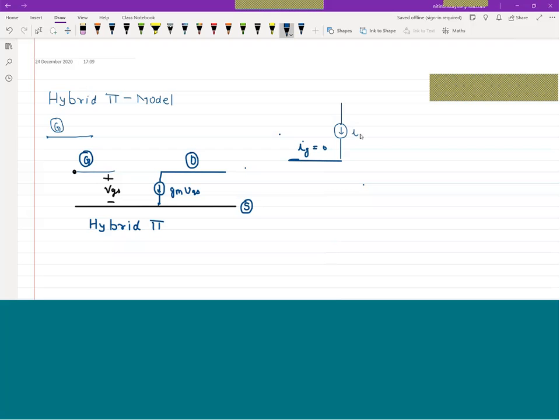This current is IDS, and we have one resistance which is 1 divided by gm. So this is our drain terminal, this is our gate terminal, and this is our source terminal. So these are three terminals.